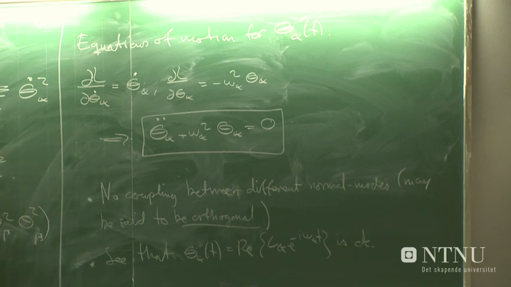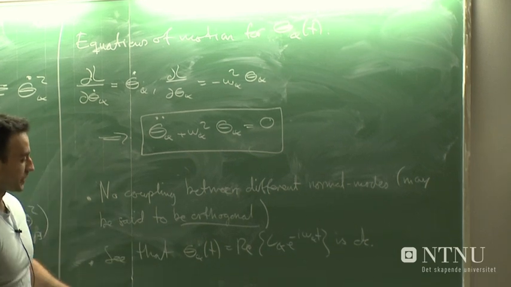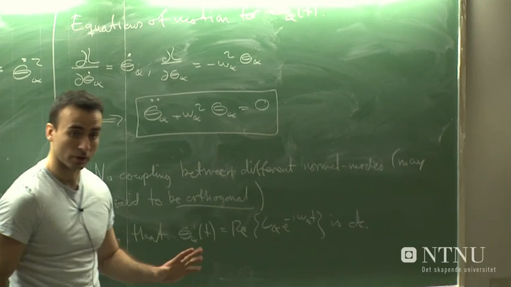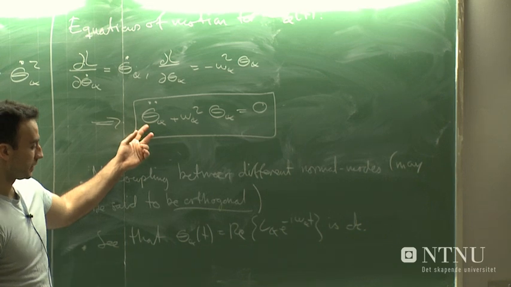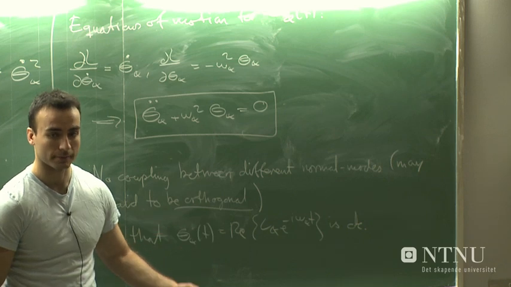And importantly, we see that the way we wrote the general form for these normal coordinates previously, like this, is fully consistent with this equation of motion. This is exactly the general solution for a 1D harmonic oscillator.